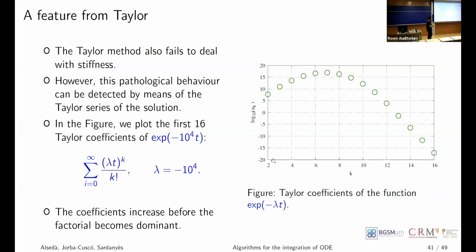This goes to 10 to the minus 20, and this happens within the first 16 Taylor coefficients. So this can be detected when you have at least the first 16 terms of the Taylor series. So the Taylor method will tell you, I'm failing because the equation is stiff, if you look at the coefficients.